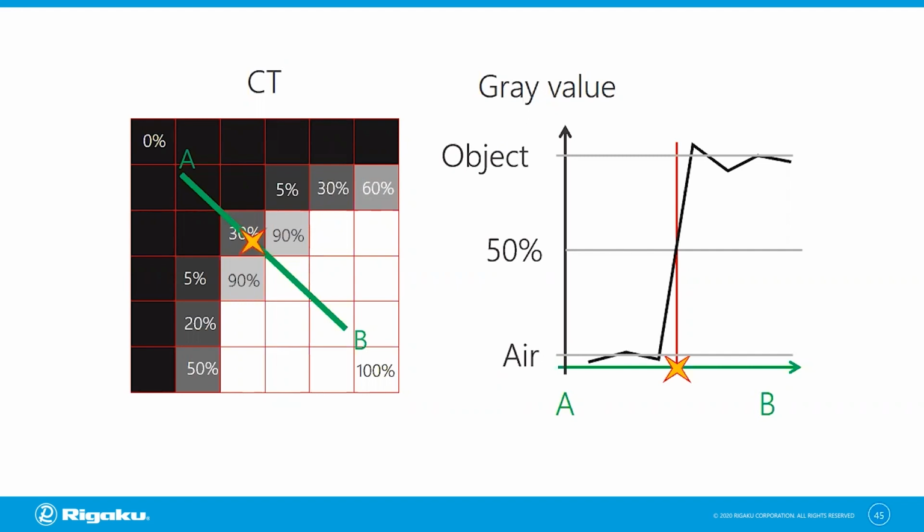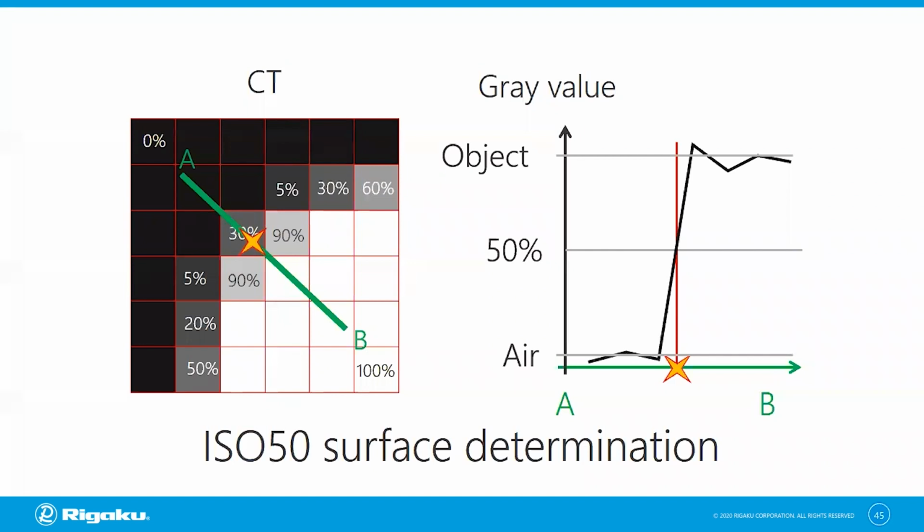So you can see that when you do it this way, you are not bound by the voxel grid anymore. You can put the interface right in the middle of the voxel. And this is called ISO-50 surface determination. You can calculate the average air or average object gray levels globally, but in many cases, the gray level can vary from part to part in the sample or slice to slice.